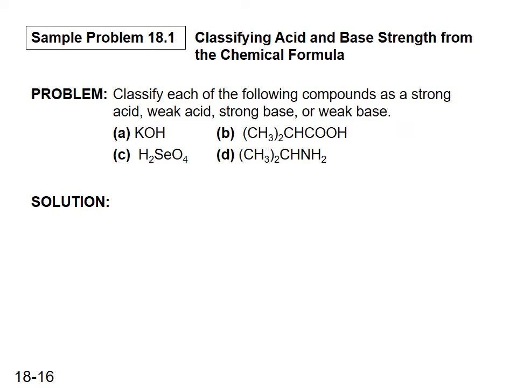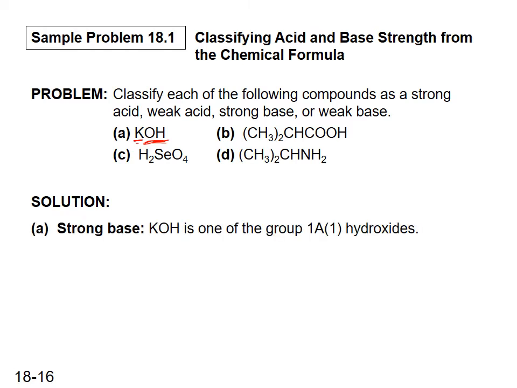Sample problem 18.1. Classify each of the following compounds as a strong acid, weak acid, strong base, or weak base. A, potassium hydroxide. It's an ionic compound with the anion hydroxide and the cation potassium, a group 1 metal, so it must be a strong base.